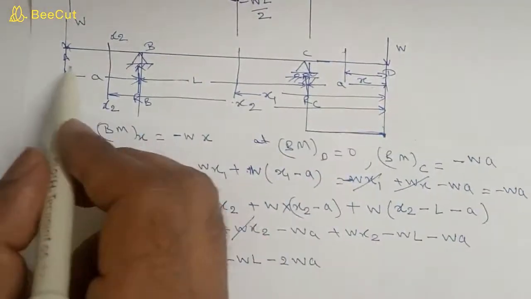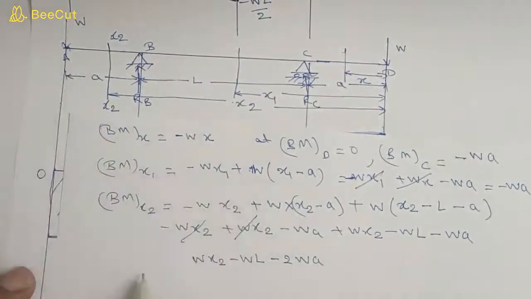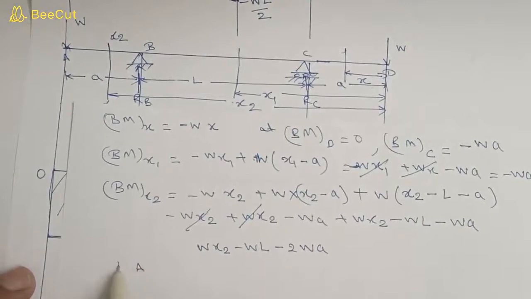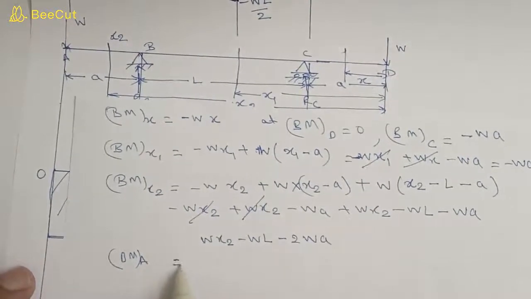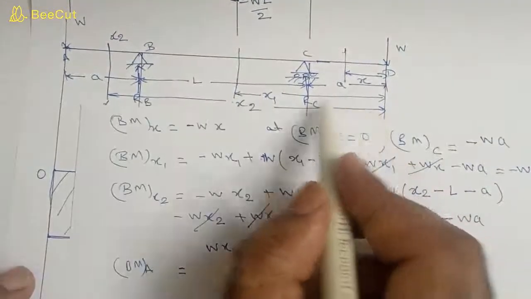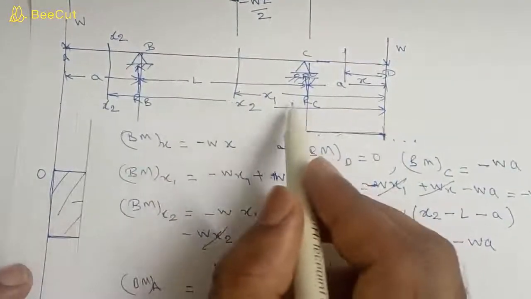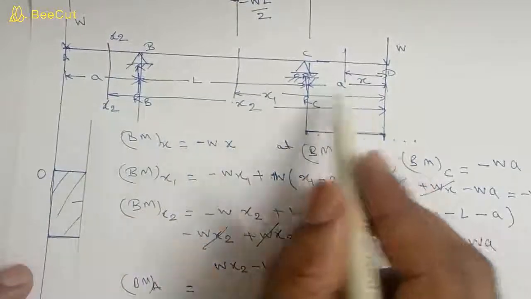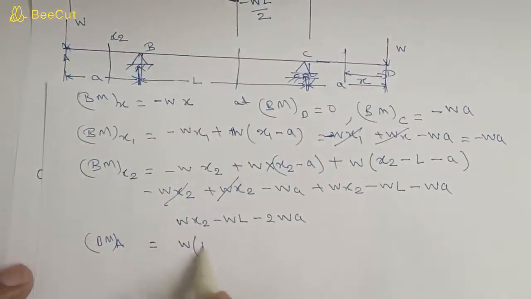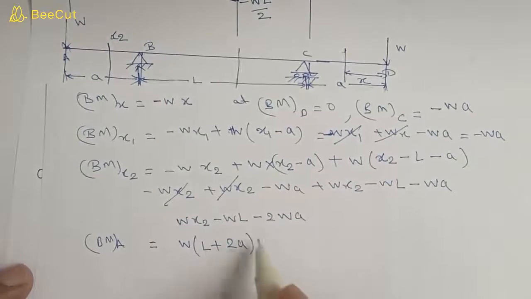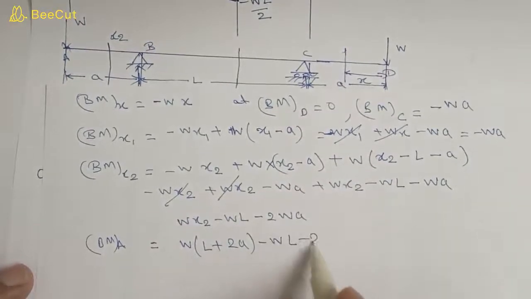So at point A, if we calculate bending moment, x2 will become l plus 2a. So W into l plus 2a minus Wl minus 2Wa.